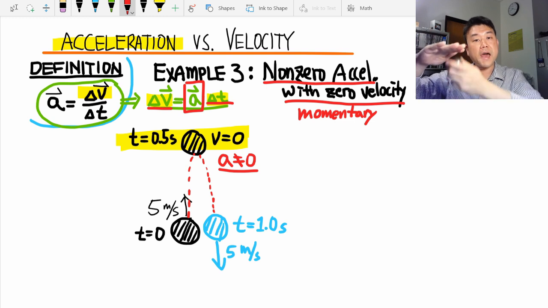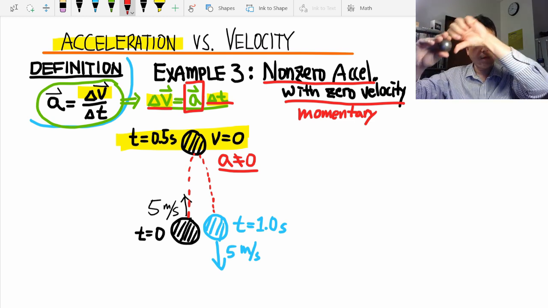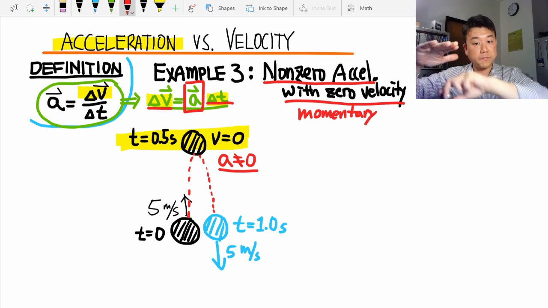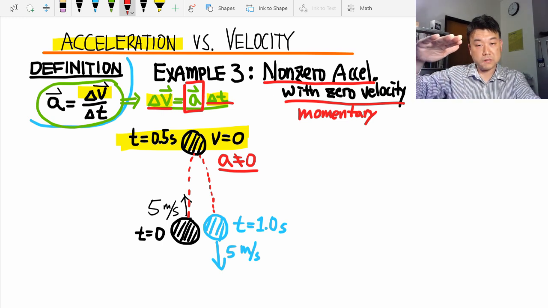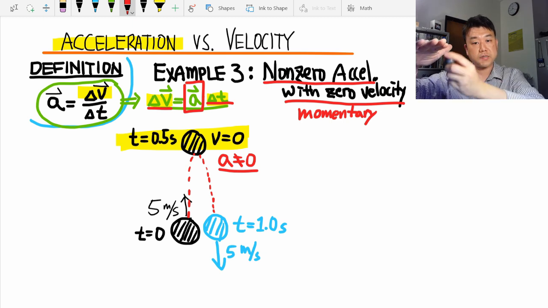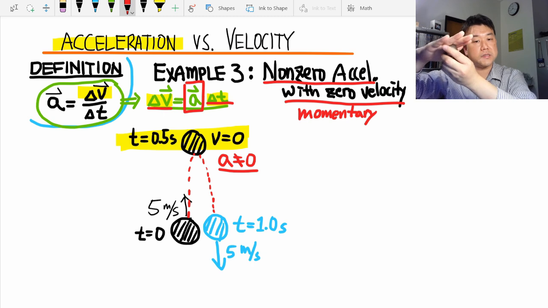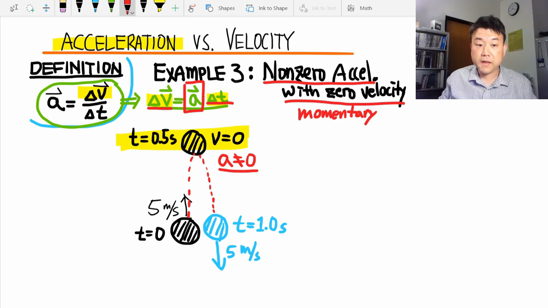And the moment after reaching the top, the ball will be moving downward, so it has a negative velocity. So because of that continuous change in velocity, I know even at the very top, the velocity is still changing. And because the velocity is changing, that means acceleration is not 0 at the top.